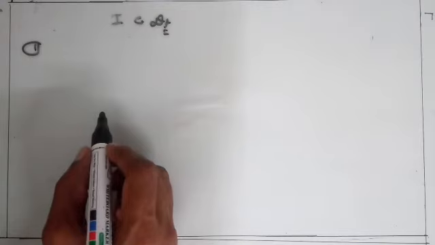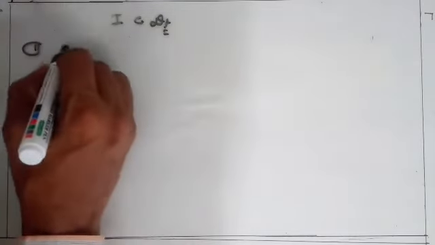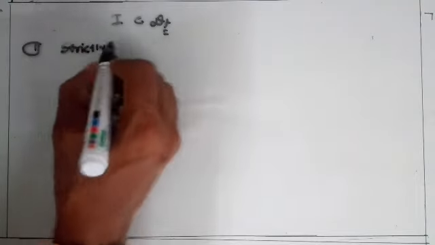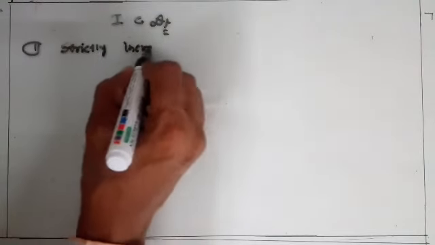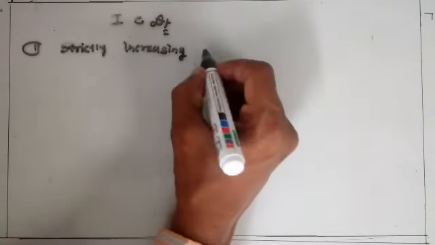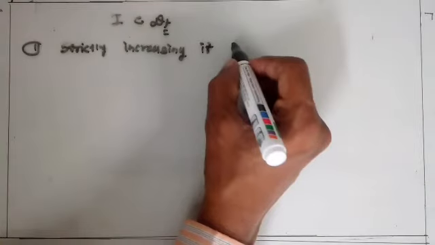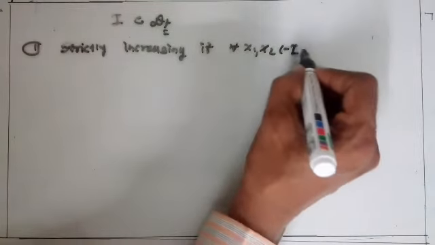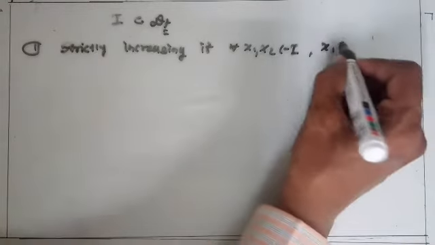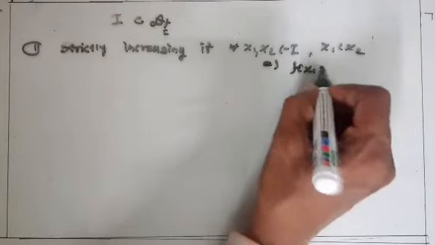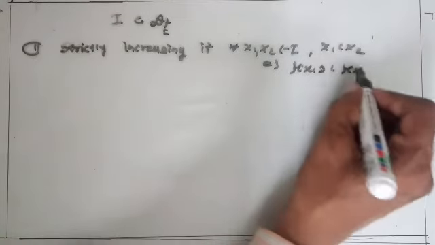Number 1, function f is said to be strictly increasing function if for all x1, x2 belongs to I, x1 less than x2 implies f(x1) less than f(x2).